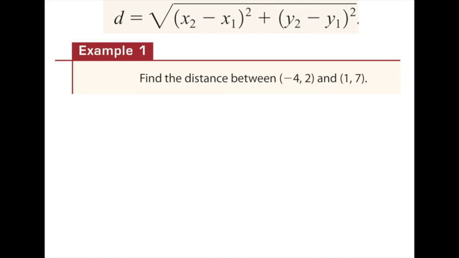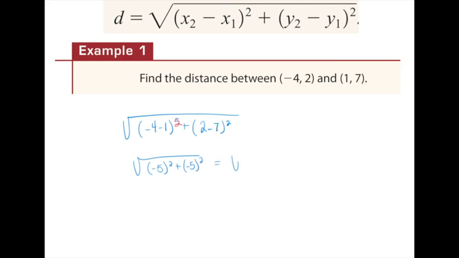We're going to say the square root of negative 4 minus 1 quantity squared plus 2 minus 7 quantity squared. Negative 4 minus 1 is negative 5, but I am squaring it. 2 minus 7 is also negative 5 that I am squaring. So I'm getting the square root of 25 plus 25, which is the square root of 50.